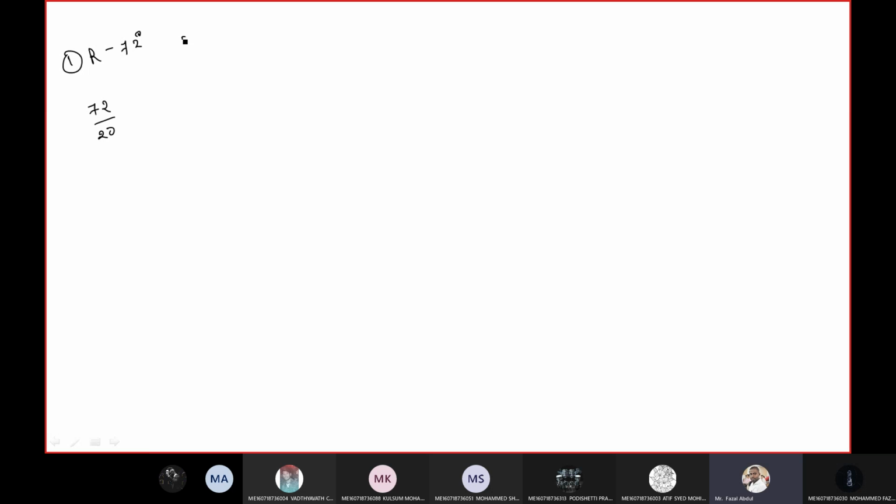It means for 20 degrees I am considering 1 centimeter. This is my assumption. I said in a previous class, 20 degrees is 1 centimeter. So for 72 degrees, 72 by 20, 3.6 centimeters.